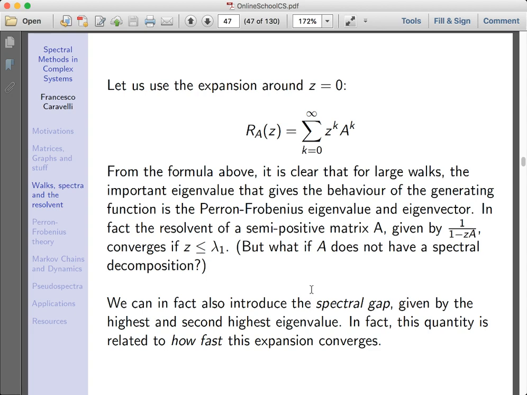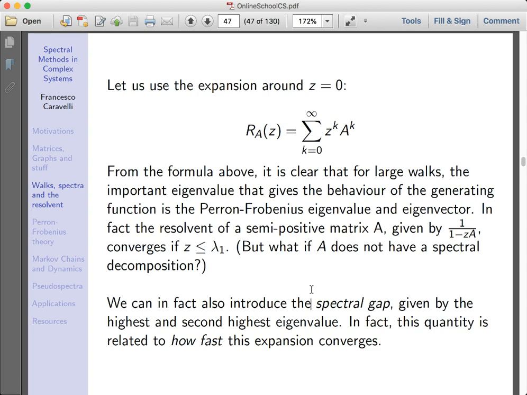And this implies that for large walks, the behavior of the walk is connected to the eigenvalues of the resolvent in many ways.